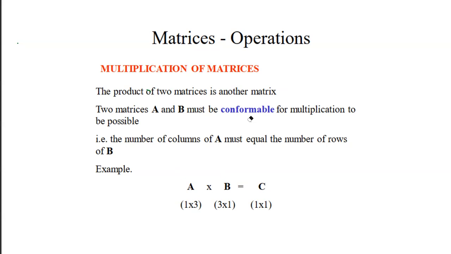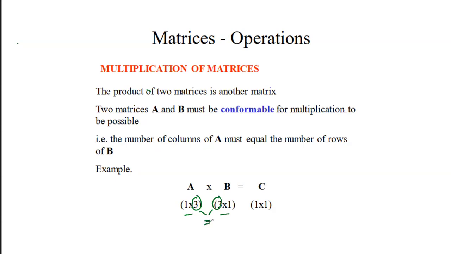So what's the condition, basically? The number of columns in the first must equal the number of rows in the second. A quick way to spot that is to write down the order or the dimensions. These two numbers must be equal.